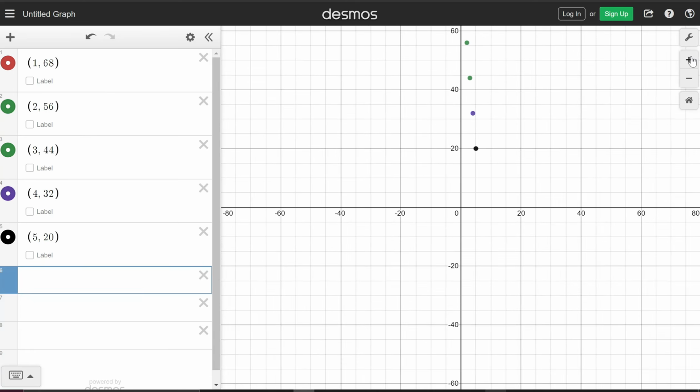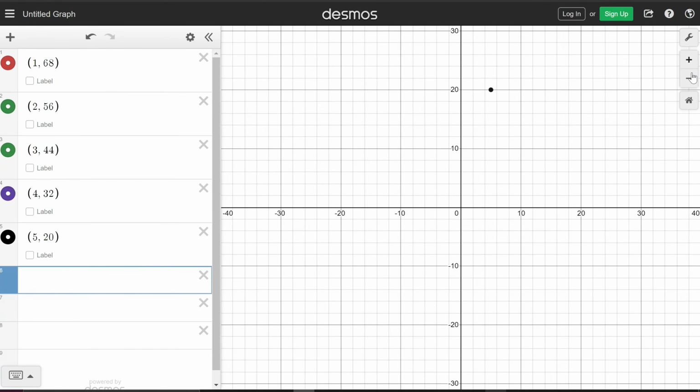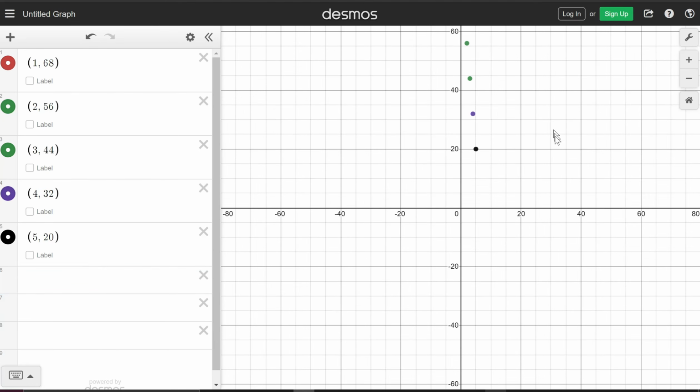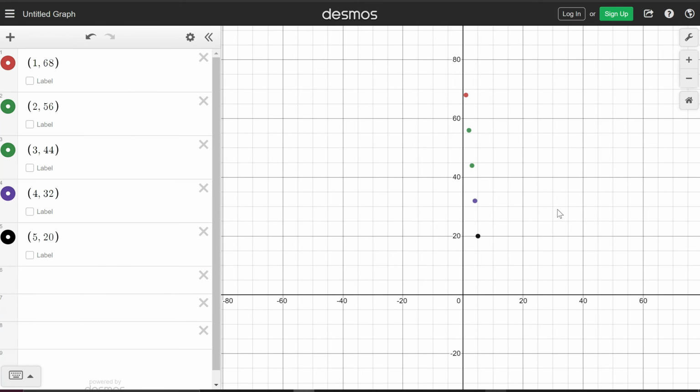So there it is. So I'll zoom out again a little bit, and then I see it right there. And I've graphed the ordered pairs. So you could do this by hand if you chose to. If you got yourself some graph paper, make an XY coordinate system and then just plotted these points. Or you could use a graphing calculator or even something like I'm doing on Desmos.com.